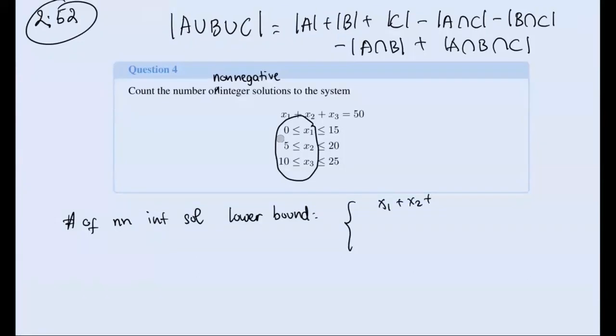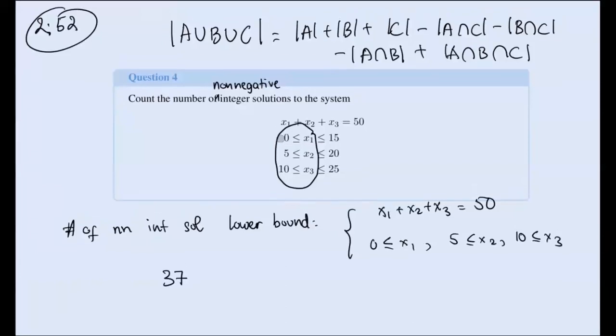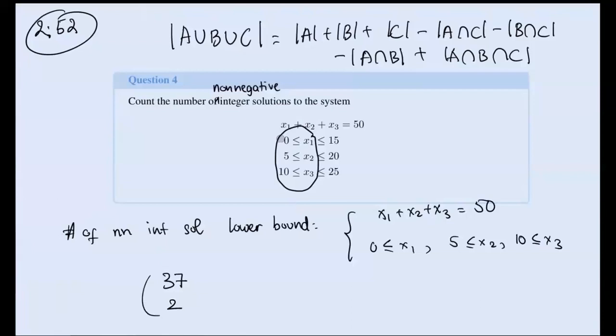x1 plus x2 plus x3 equal to 50, where x1 is at least 0, x2 is at least 5, and x3 is at least 10. We solved for this, and it was 37 choose 2, I believe.